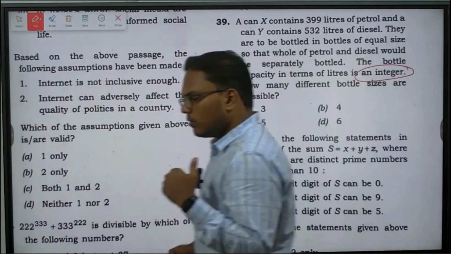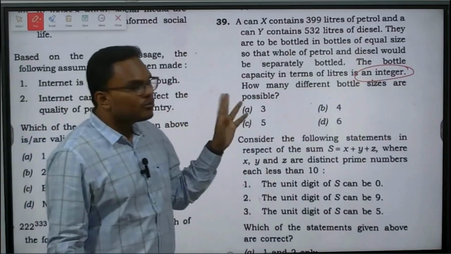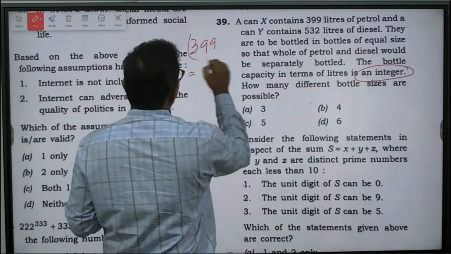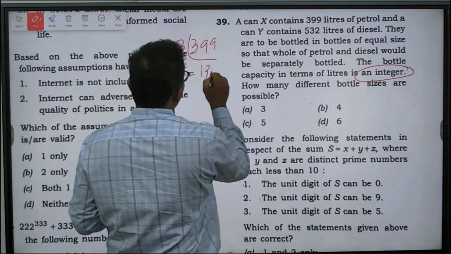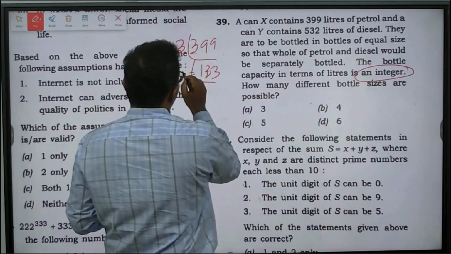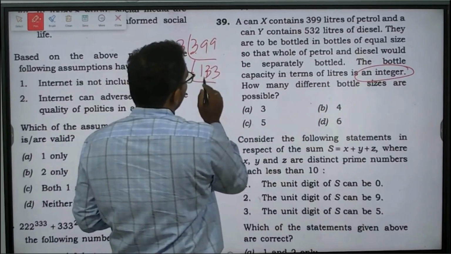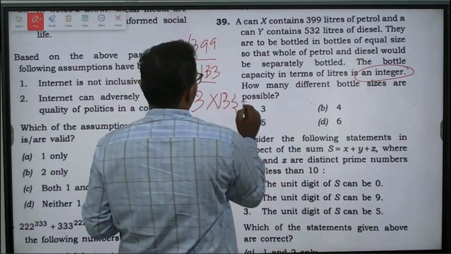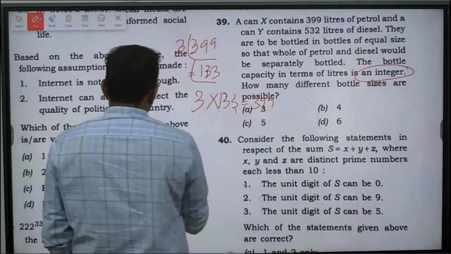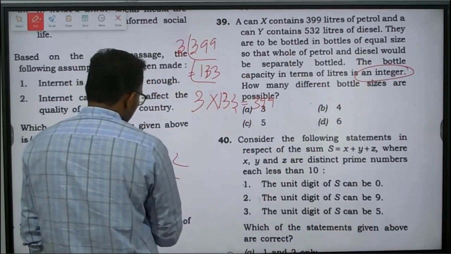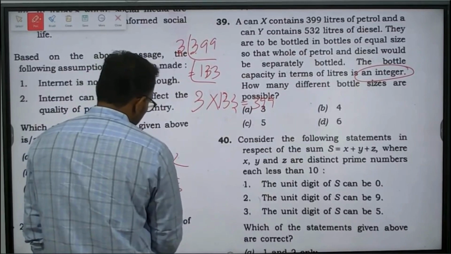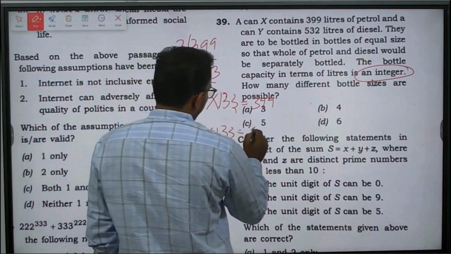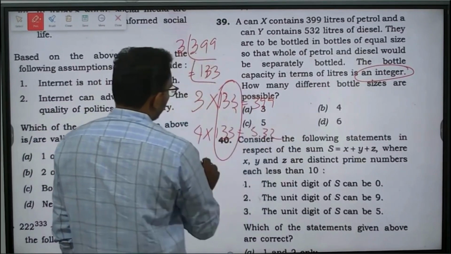So now you're going to find the HCF of both these numbers. Your 399 can be written as 3 into 133. Your 532 can be written as 4 into 133. So HCF is 133.